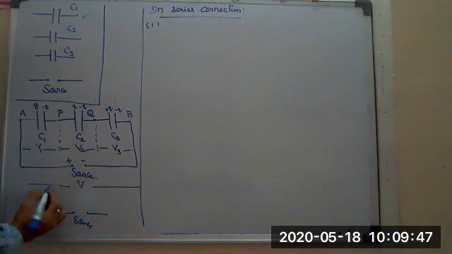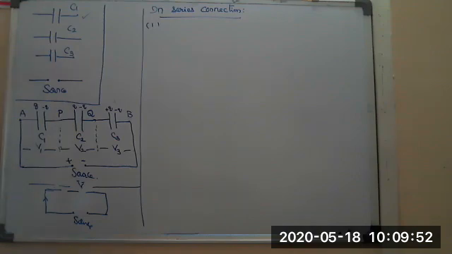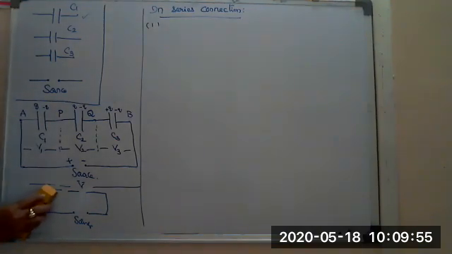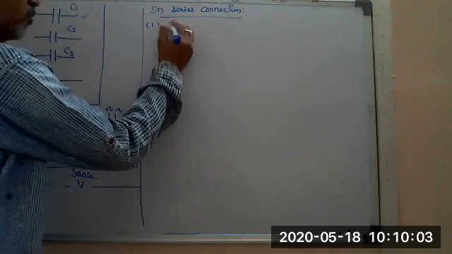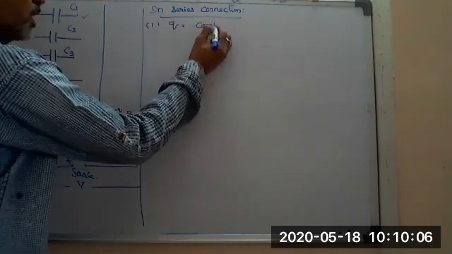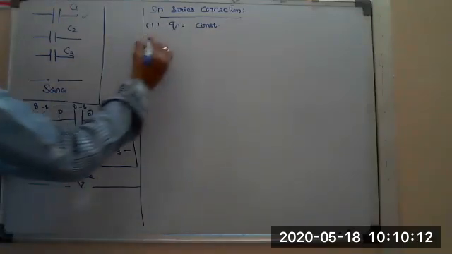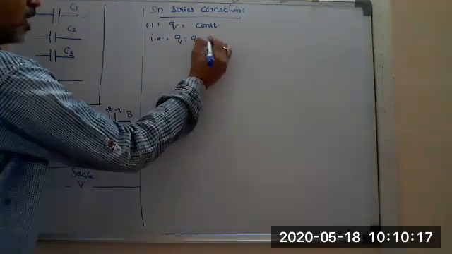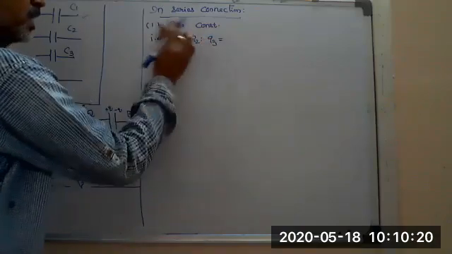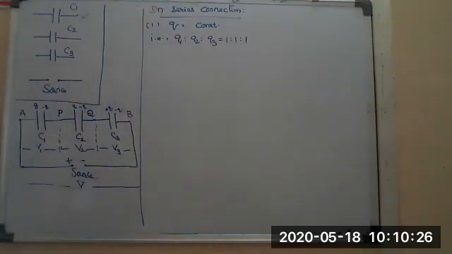It is finding only one way to pass across the capacitors. That's why from this diagram the charge on all capacitors will be the same. So the first point in series connection is that Q is constant, the same on all capacitors. If I ask what will be the ratio of charges across the three capacitors, you can say straight away 1:1:1. Why? Because Q is constant.